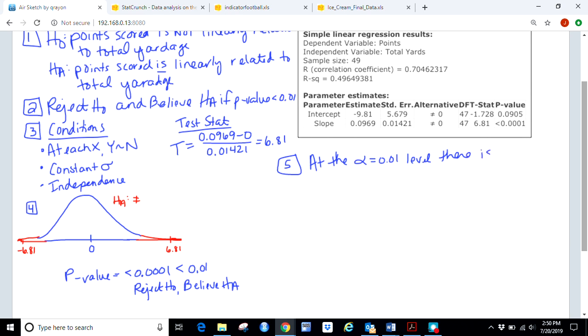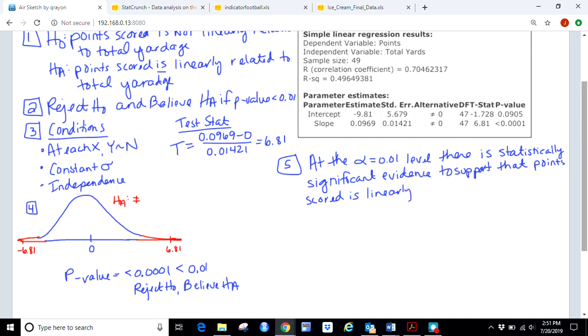We rejected, so there is our statistically significant evidence to support that points scored is linearly related to total yardage.